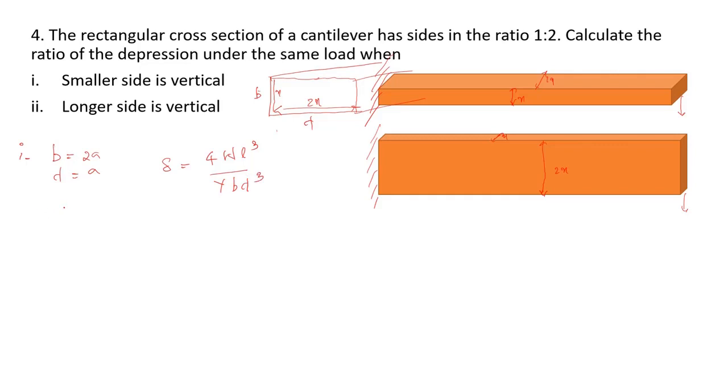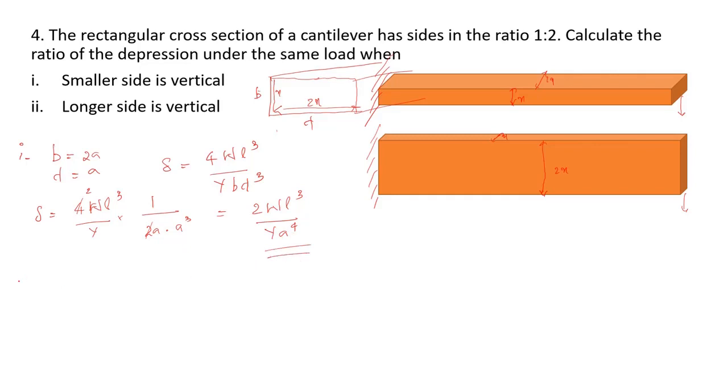Substituting for b and d, depression delta 1 is equal to 4 w L cube by y. These are all constants, and what changes is 1 by b d cube. Here b is 2a and d cube is a cube, so 2 into a to the power 4. We can cancel out 2 and the equation becomes 2 w L cube divided by y a to the power 4.